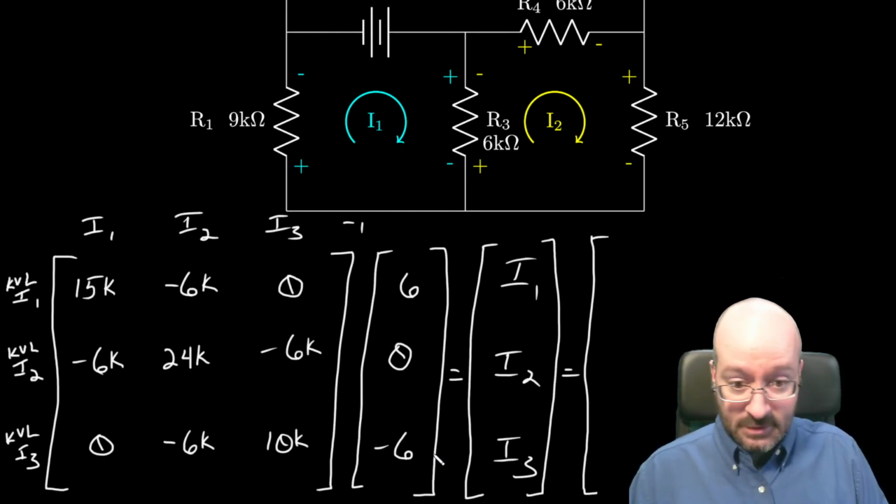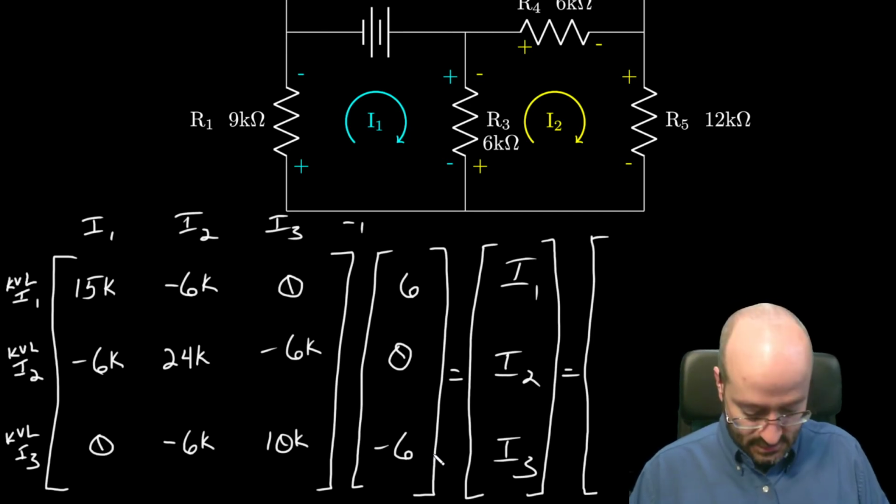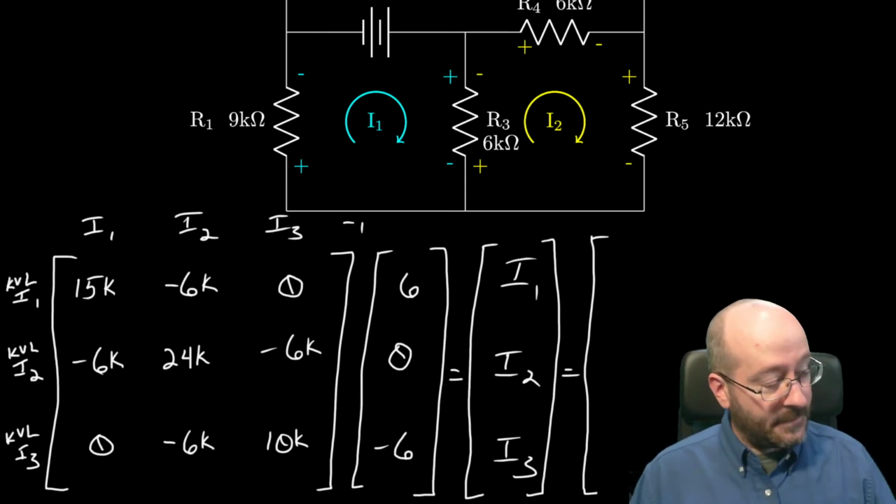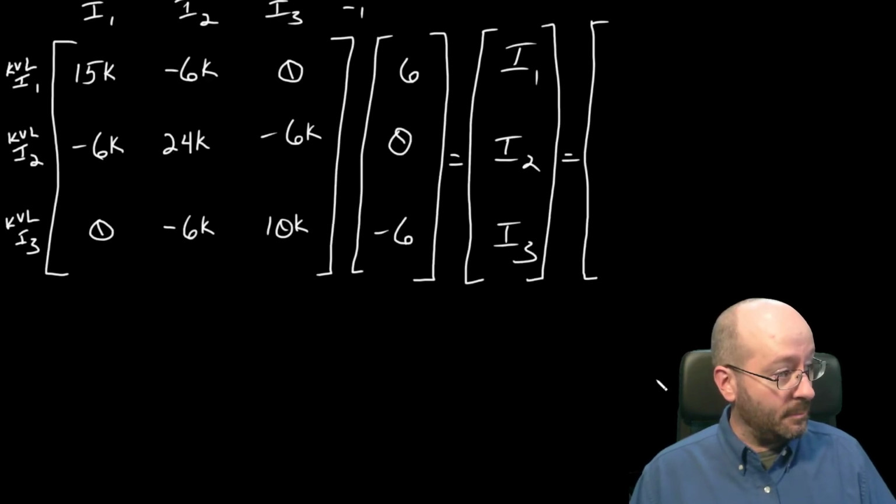15E3, negative 6E3, 0, and 6. Negative 6E3, 24E3, negative 6E3, 0. 0, negative 6E3, 10E3, and negative 6. Okay. And from that, let's see if I can fit this above my head.